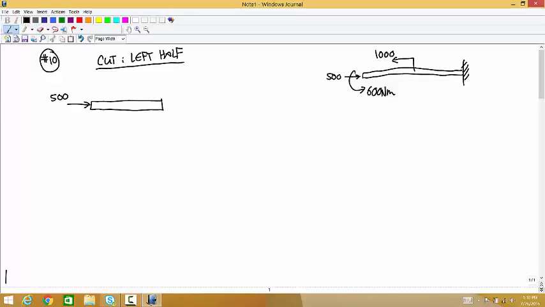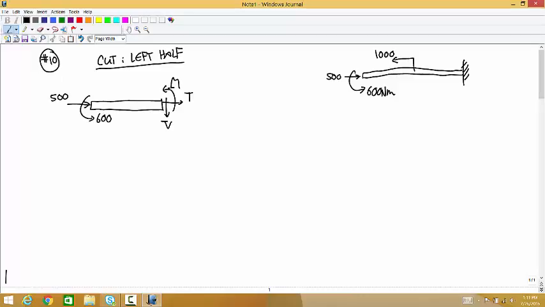And it asks for a bunch of stuff about the stress on the left half. So if we make a cut on the left half, those are the external loads. And then the internal loads look like this.